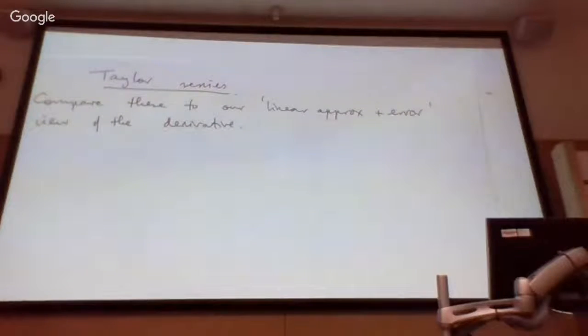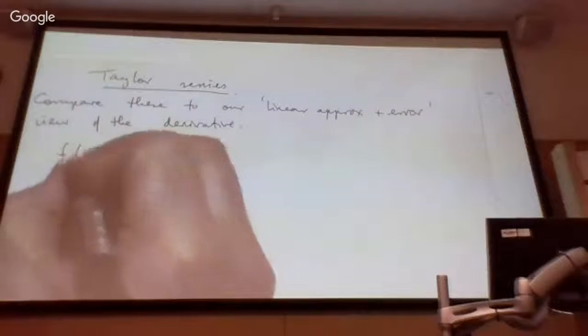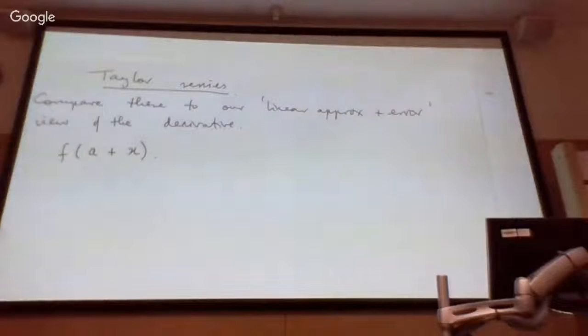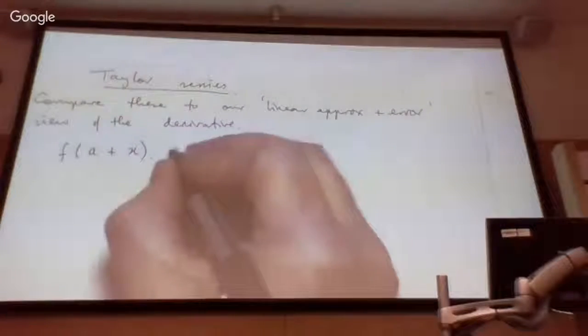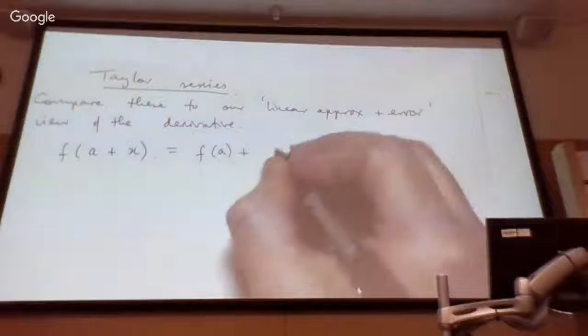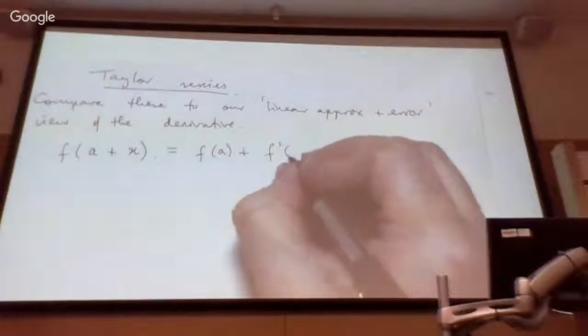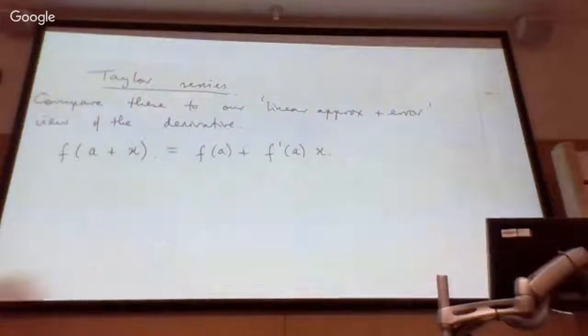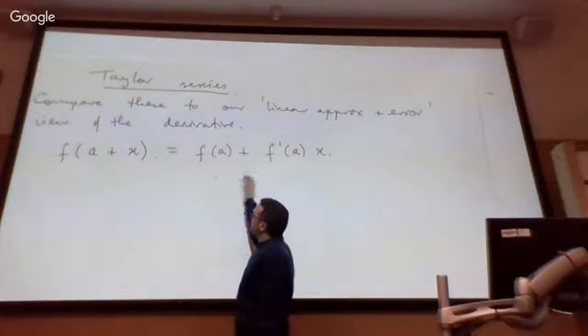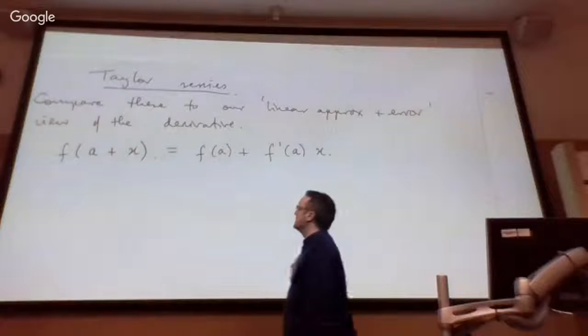Okay, so you recall we expressed the value of the function f at a point a plus x close to a base point a. When we did our alternative view of the derivative, we found that the derivative was this unique number which multiplied x and was the order 1 term in this linear approximation to this new value of the function f.